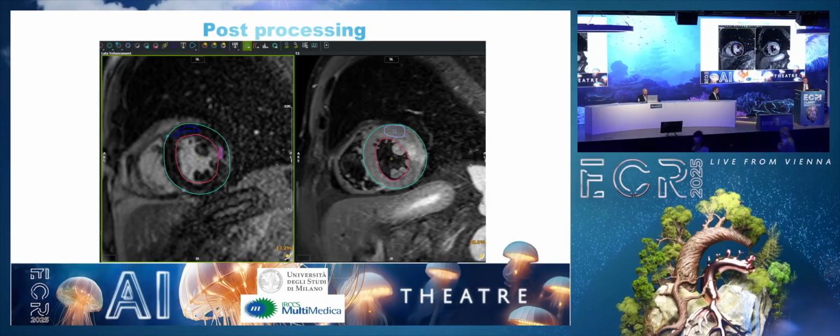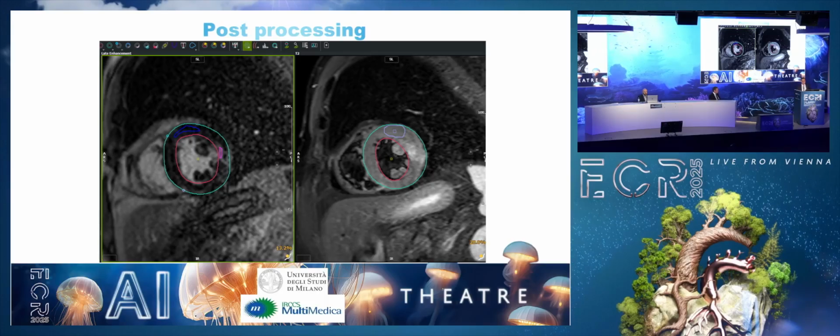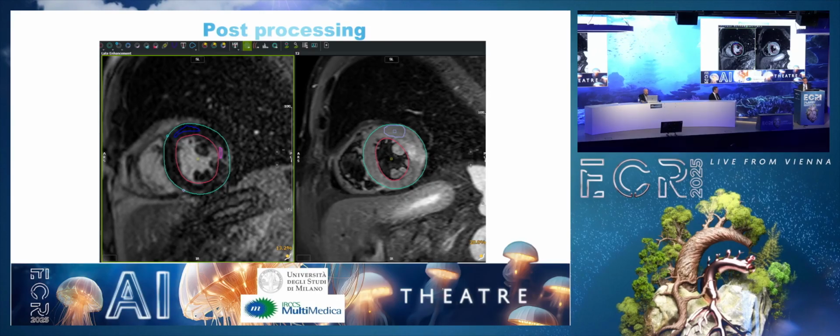So what we do practically in this research project, we use a commercial software, CVI42, to measure the extension of the scar and the extension of edema. We detect the endocardial border and subepicardial border, and then we place a ROI in the normal myocardium as a reference, and a ROI in the pathological myocardium, in the scar in this case, and in the edema part in this case.